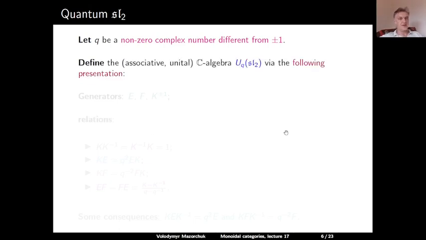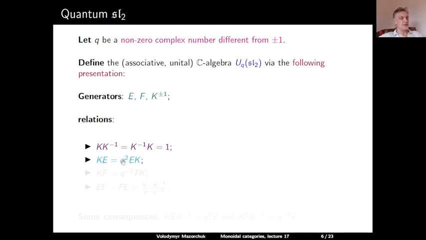Now we define the associative and unital algebra over the complex numbers, which we denote by UQ SL2, via the following presentation. So it has generators capital E, capital F, and capital K to the power plus minus 1. And it has the following relations. So K and K inverse are inverses of each other, so they multiply to 1.